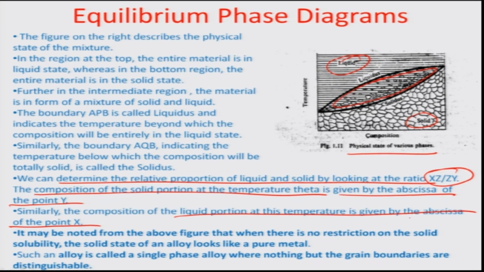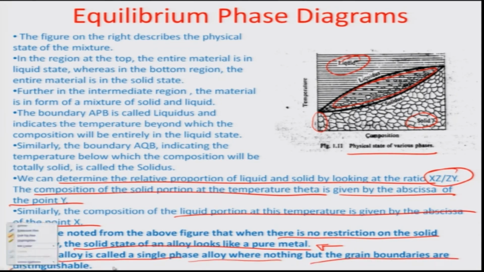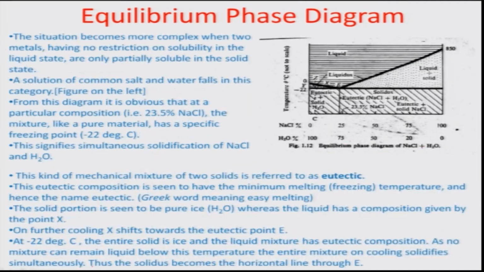So, it may be noted from the above figure that when there is no restriction on the solid solubility, the solid state of an alloy would look like a pure metal, okay, as probably here, and such an alloy is always known as a single phase alloy, where nothing but the grain boundaries are the only distinguishable features, and if there is some restriction on the solid solubility, it may not look like a pure one phase system.